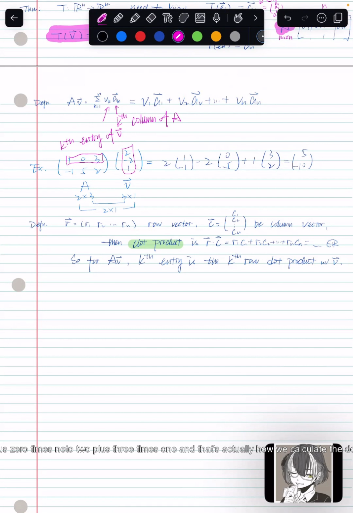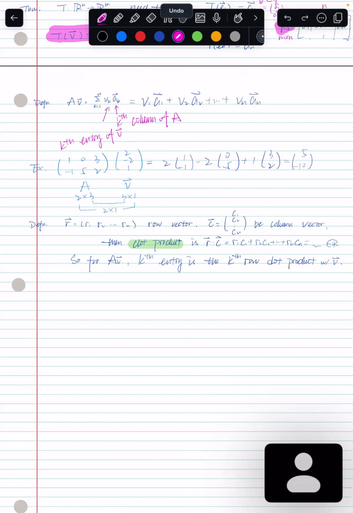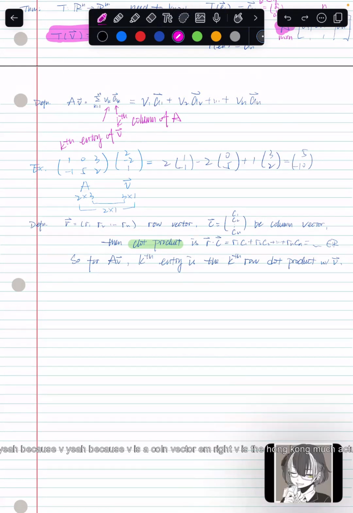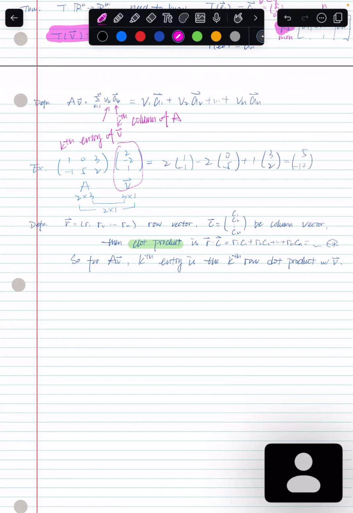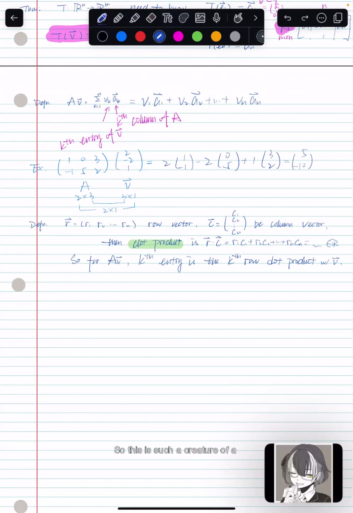And that's actually how we calculate the dot product. So the kth row, because V is a column vector. V is the whole column vector right here. So this is actually the kth row of A.